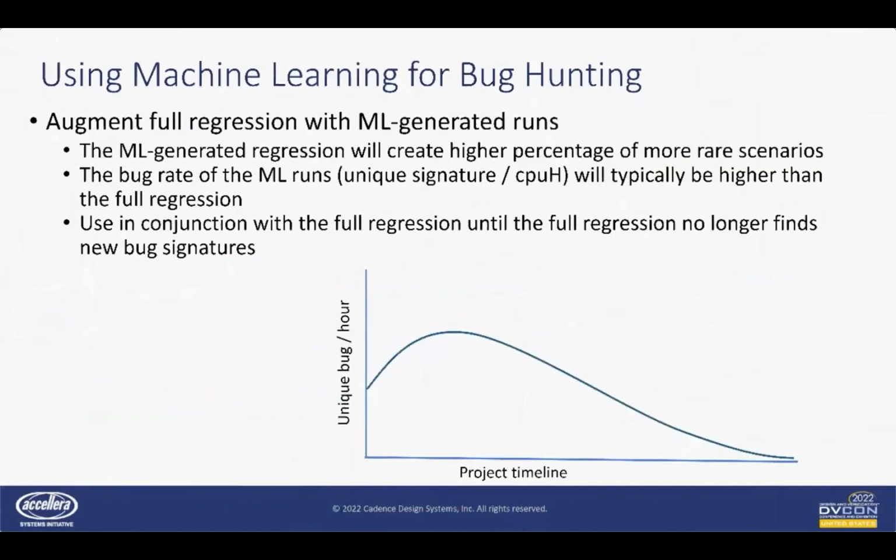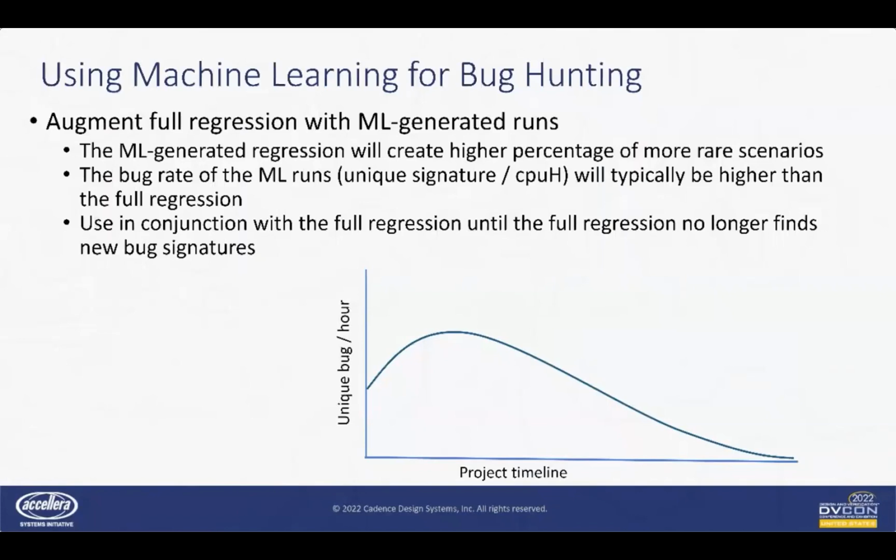So, what does this mean? Again, this is just the way we normally do work. We have our typical project timeline. From the start of the project to the end, we're finding certain unique bugs per simulation hour or CPU hour that we run simulations on, right?